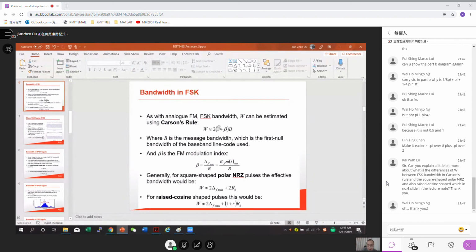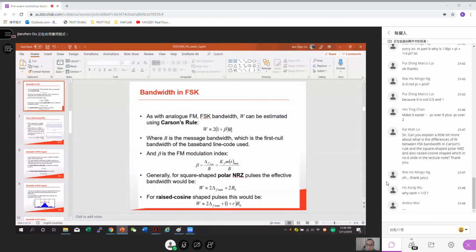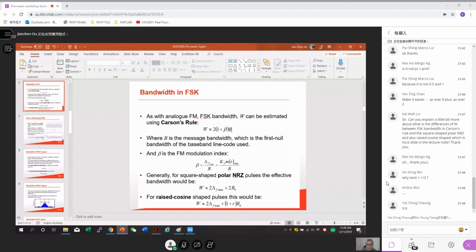So this is 1 plus beta. Beta is the modulation index, right? B, for instance, if your baseband transmission signal is polar NRZ, that means the bandwidth should be the bit rate.